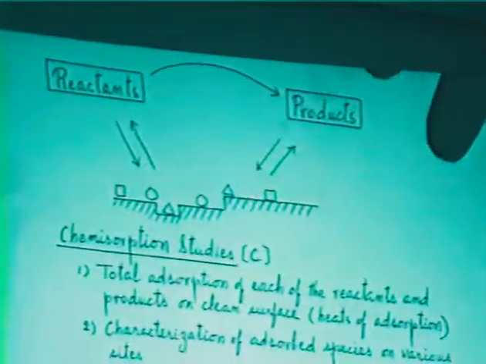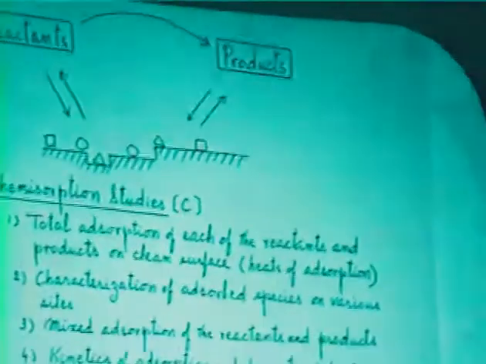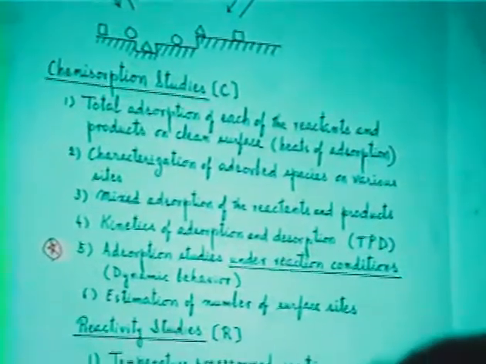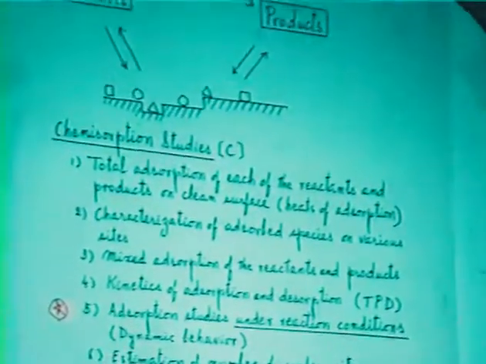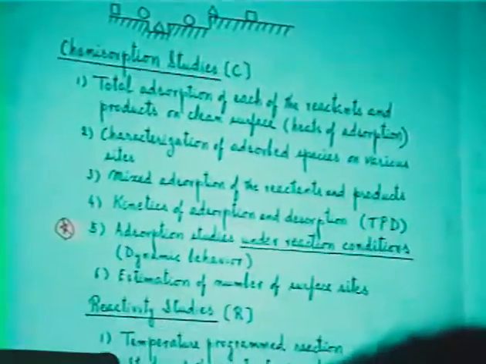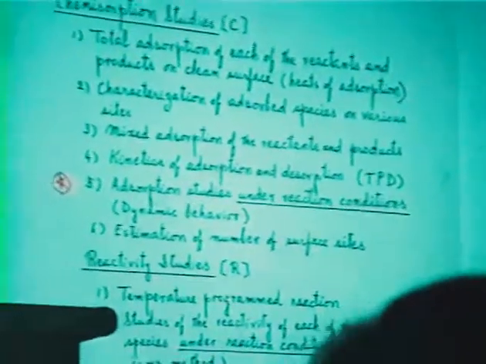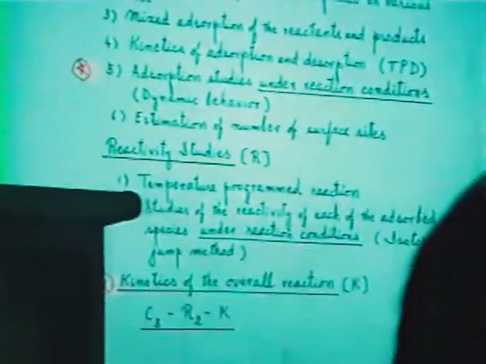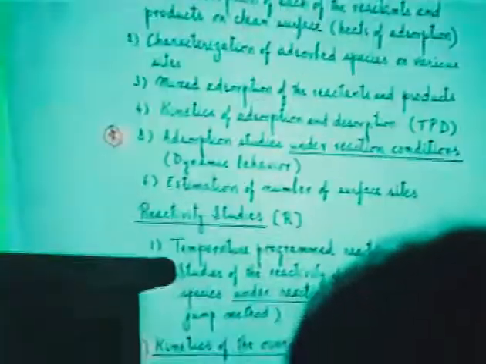Of course many people, including in this symposium, study adsorption and structure of surface species. But if we want to elucidate the reaction mechanism, we have to study adsorption under reaction conditions, and also study the reactivity of each of the adsorbed species under reaction conditions.